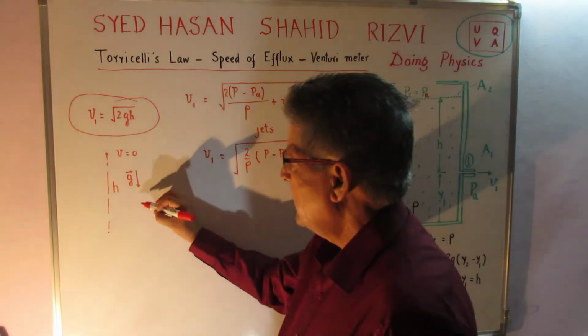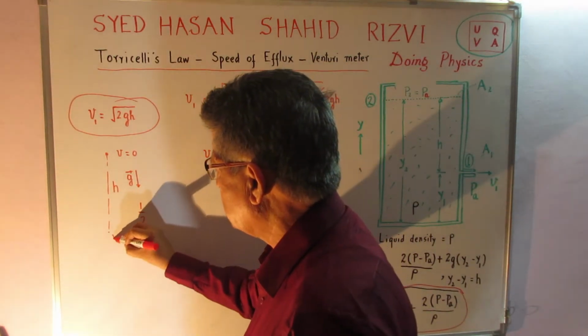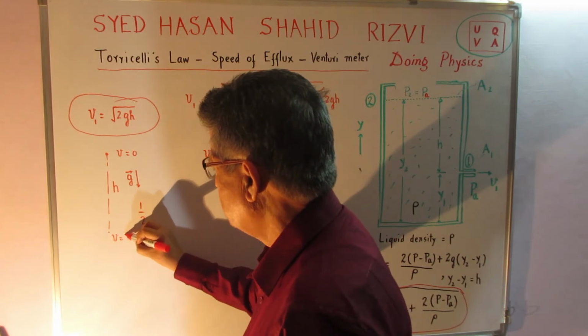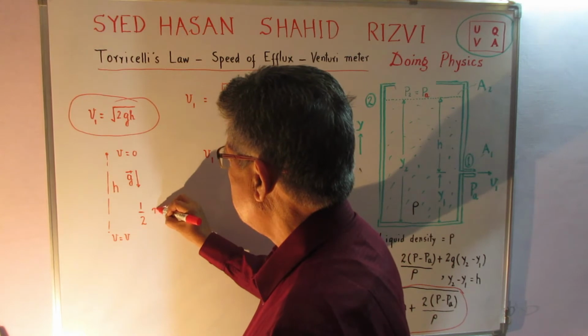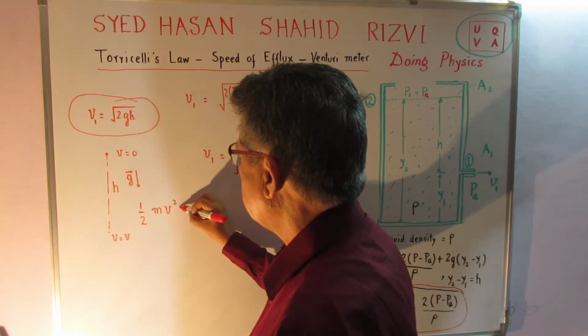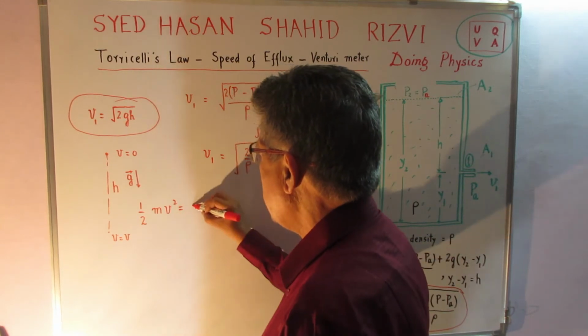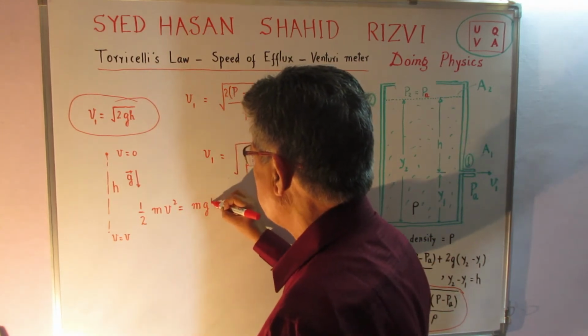Then I can say half m v square is equal to m g h.